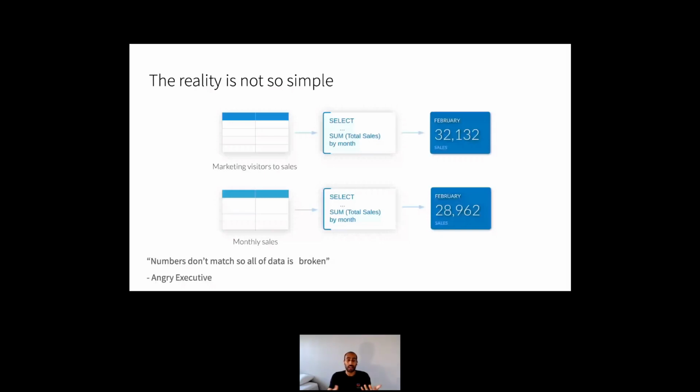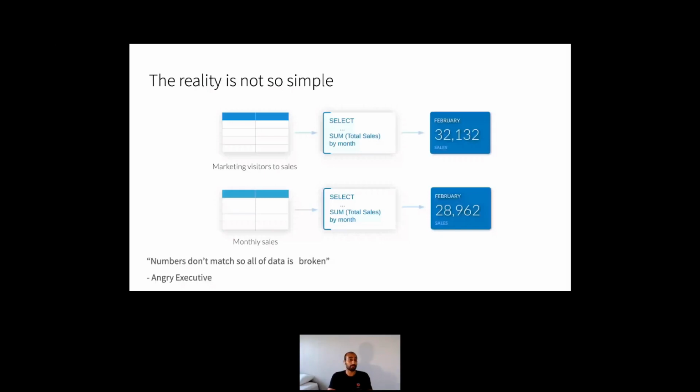One, you're asking different questions based on the time of the visitor, while the second one is based on time of the sale. Two, there could be a bug in your SQL because these SQL queries get pretty complicated. And three, not every sale has a marketing visit due to identity resolution and many, many reasons. And understanding this complication leads to a lot of issues.